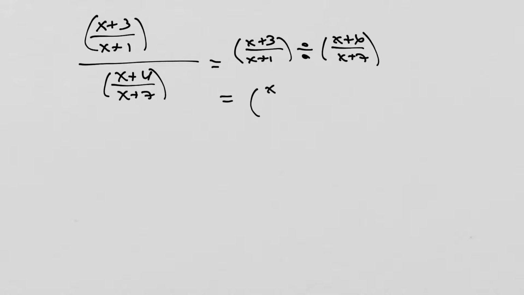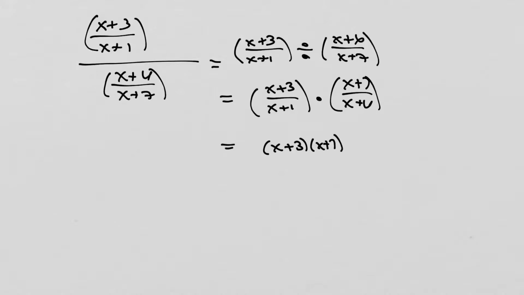And if you remember, when you divide by a fraction, what you wind up doing is taking the reciprocal, flip it over, and multiply. Right? And if you go straight across, we'll have x plus 3 times x plus 7 over x plus 1 times x plus 6. Okay? So that one's not too bad.